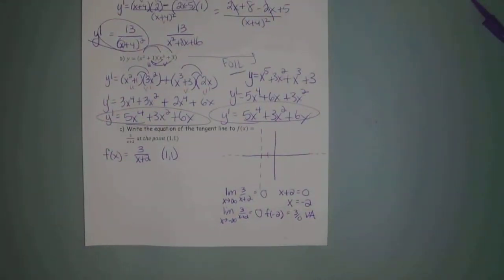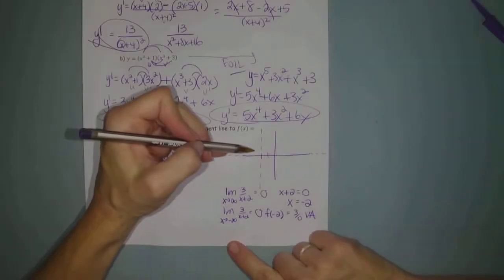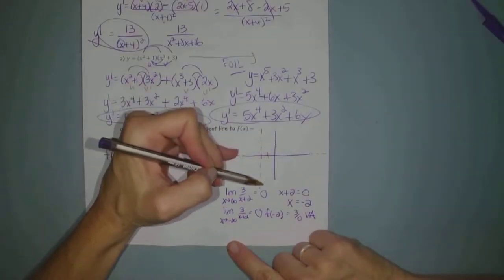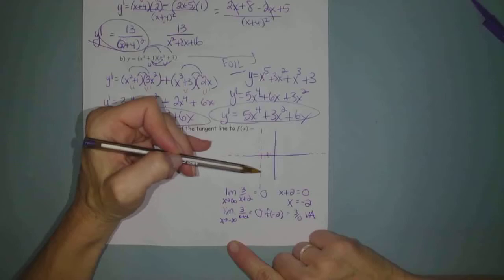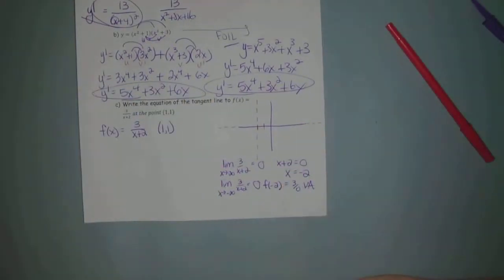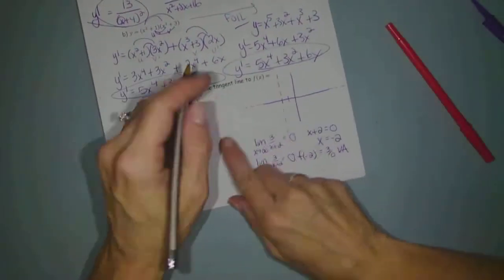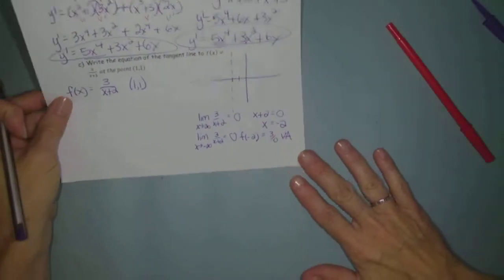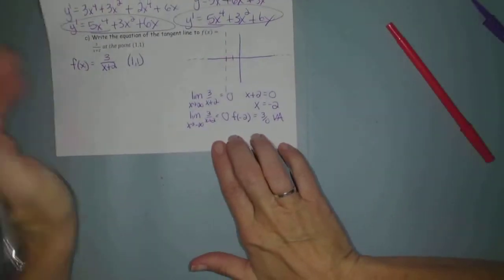I can figure out if I'm heading up or down at my vertical asymptote by evaluating the limits to the left and to the right of -2. So I might do that. Go down here if I can fit it here.